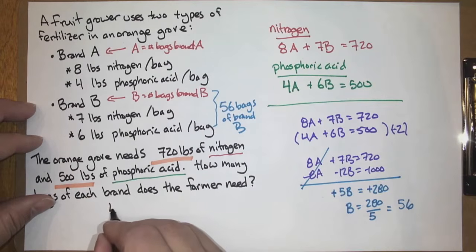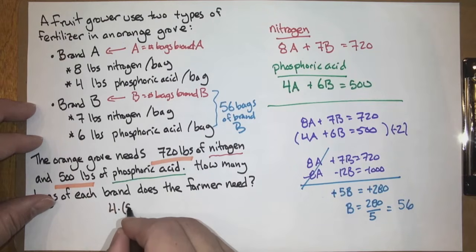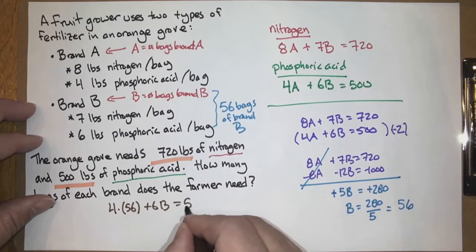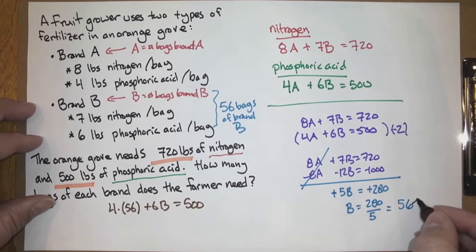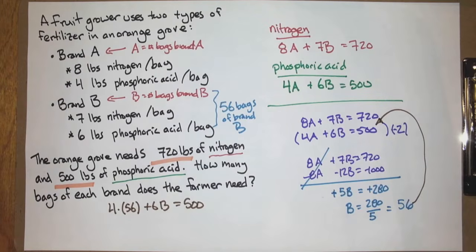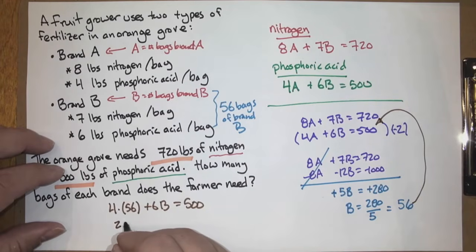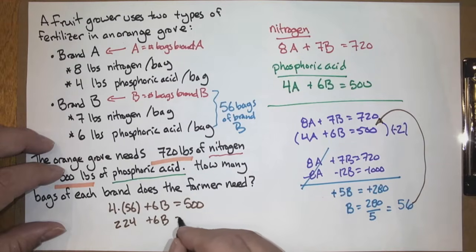So if we take 4 times 56 plus 6 times B, that equals 500. So we're using this information in one of our formulas. 4 times 56, also known as 224. So 224 plus 6b equals 500.